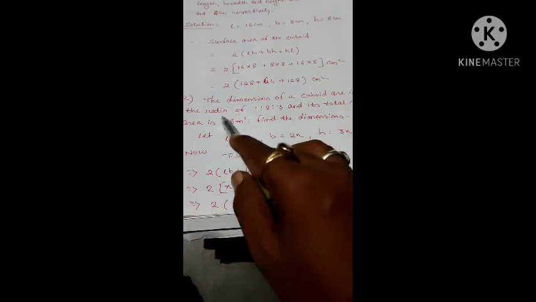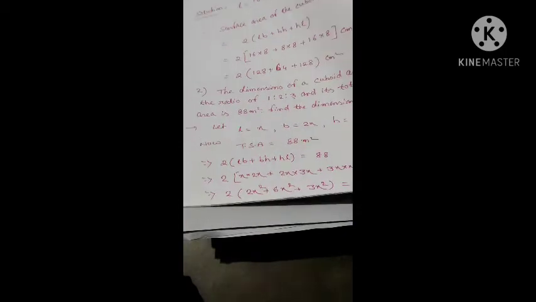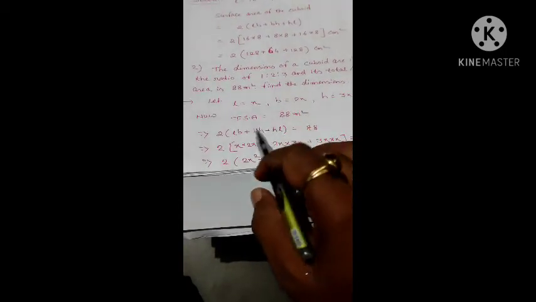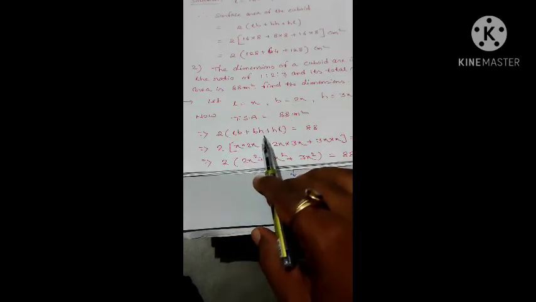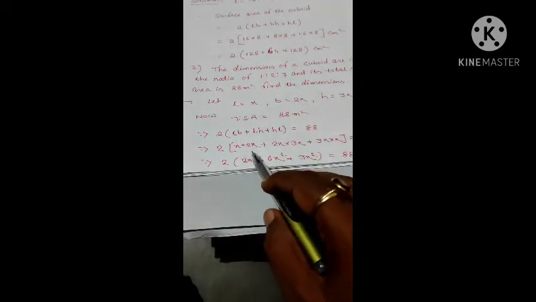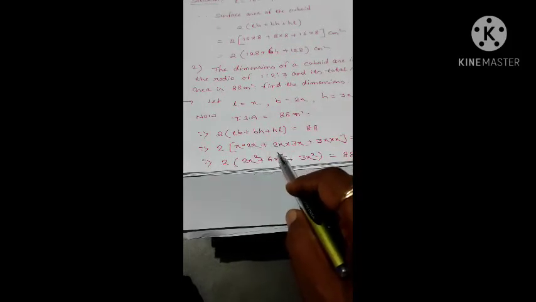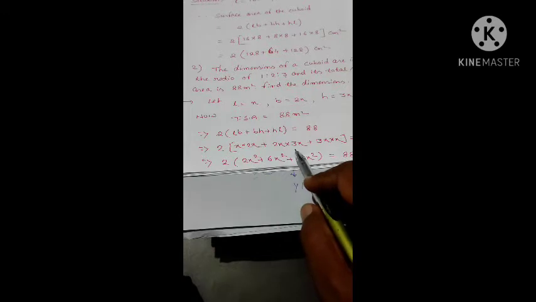And here the area is given as 88 meter square. So we can use the formula. What is the total surface area formula? The total surface area is 2 into (LB plus BH plus HL). Now in place of L we can write x, in place of B we write 2x, and H is 3x.